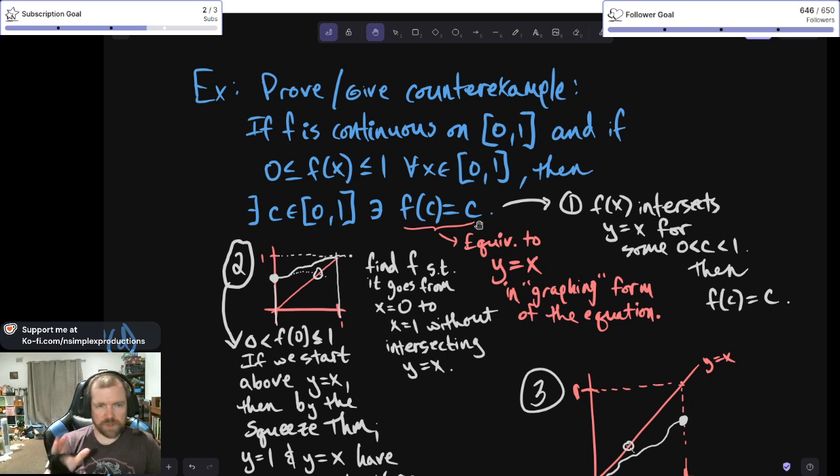It must be true at some point. So the thing that I saw was this means that we must intersect the line y equals x during this graphing somewhere.